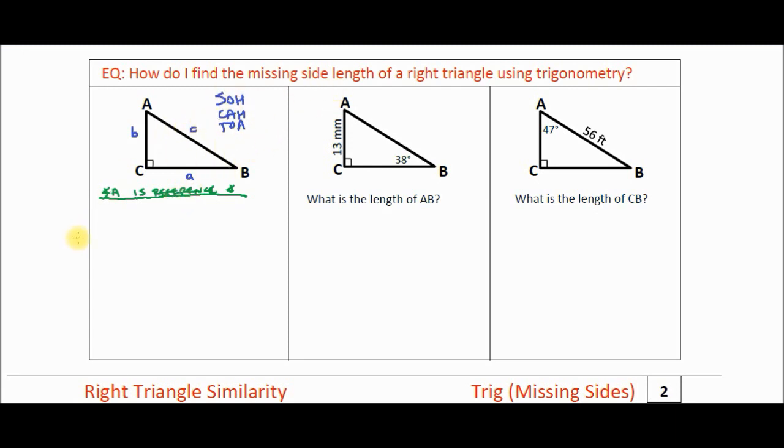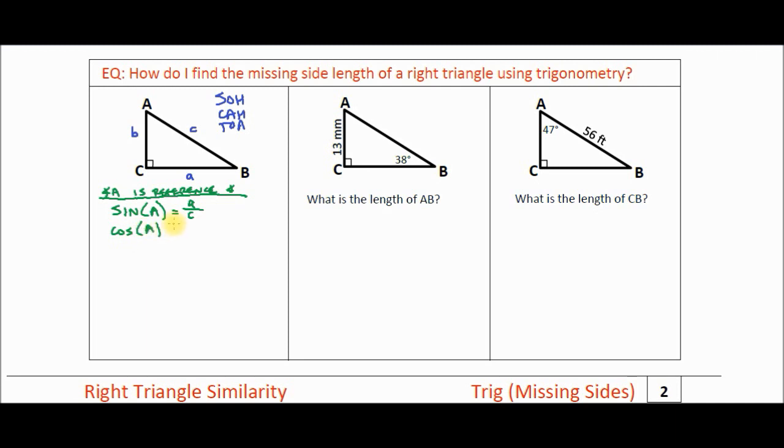First, what is sine? Sine of angle A is equal to opposite over hypotenuse. Take a look at reference angle A. The opposite side is lowercase a, and our hypotenuse is always going to be c. That's the side that doesn't touch the right angle. So sine of angle A is going to be the ratio a over c.